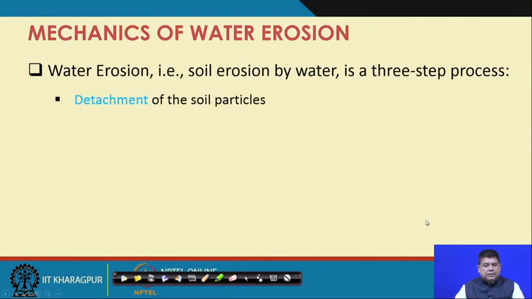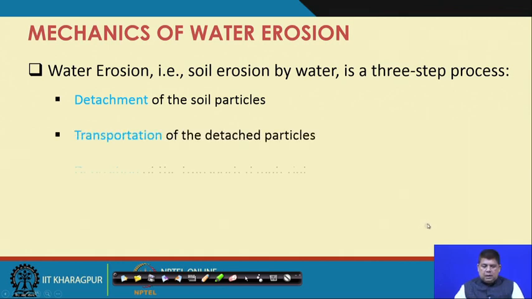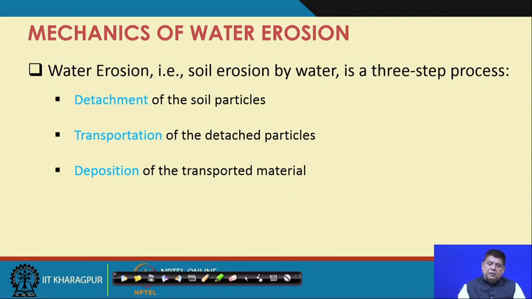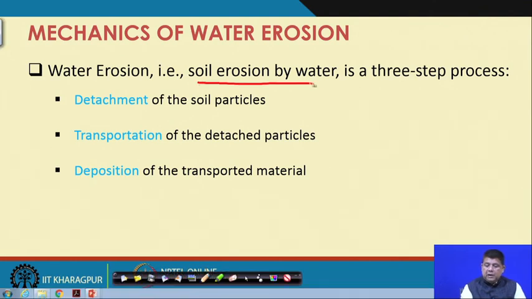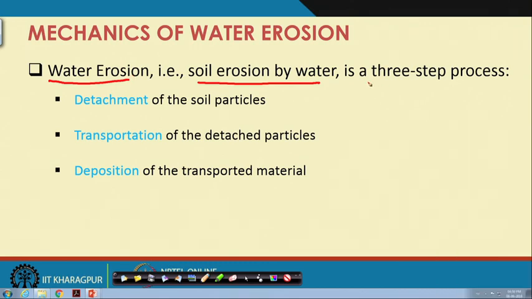We know that there are two major agents of soil erosion, water and wind, and soil erosion by water is referred to as water erosion. We have been seeing this in previous classes also. Now, there are three processes involved, it is a 3-step process.